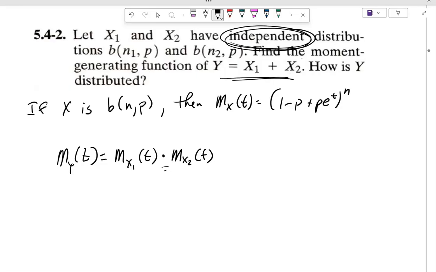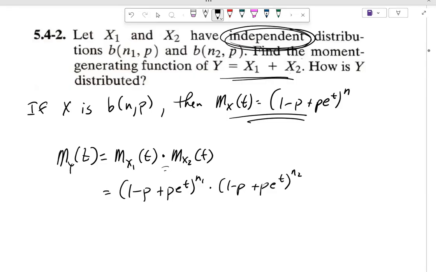So now, I know what a binomial distribution's moment generating function looks like in general. So I would do 1 minus p plus pe to the t, to the n1, times 1 minus p plus pe to the t, to the n2. The only thing that's different about x1 and x2 are the n's, right?